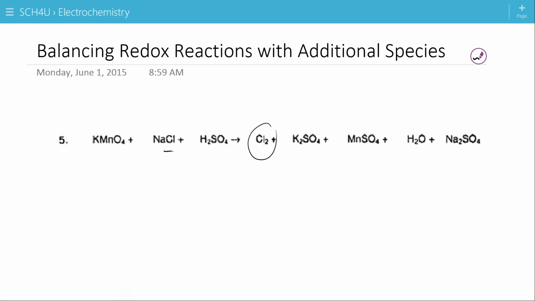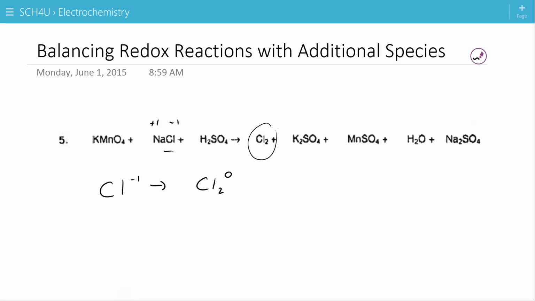So chlorine is the easiest element to identify here. Sodium has a charge of +1 when it's in a compound, and so the chlorine will be -1. So what we have here is chlorine -1 going to chlorine as it exists as an element, with an oxidation state of 0. I include the 2 on the diatomic chlorine because it has to exist in that ratio in the molecule, and I need that when I get to the final answer.